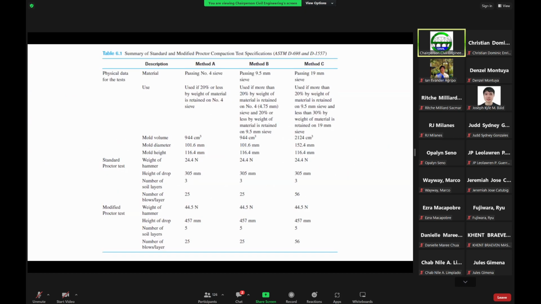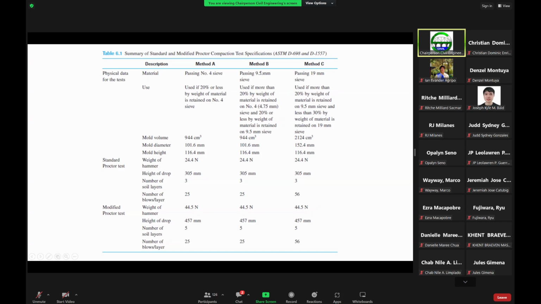With respect to ASTM D698, that is the standard Proctor test, as well as ASTM D1557, that is the modified Proctor test, for each of these types of Proctor compaction test there are three general methods being prescribed. That's method A, method B, and method C.